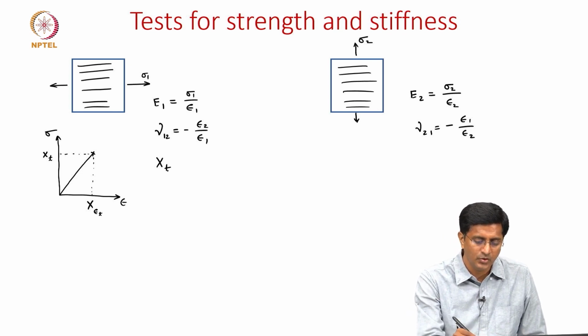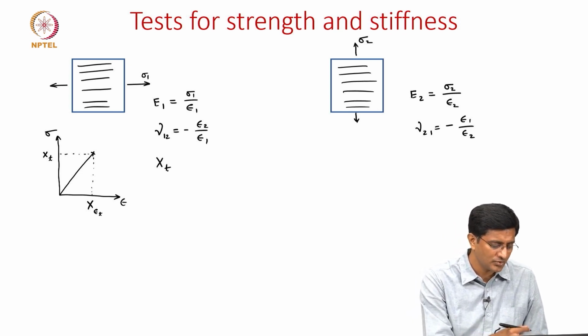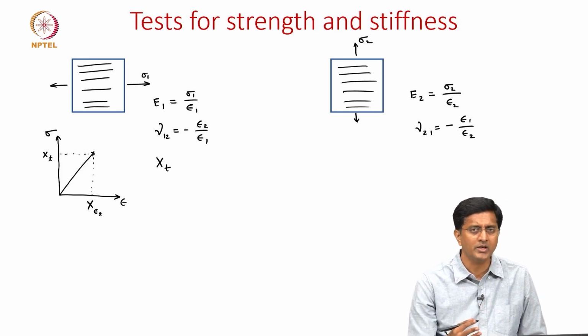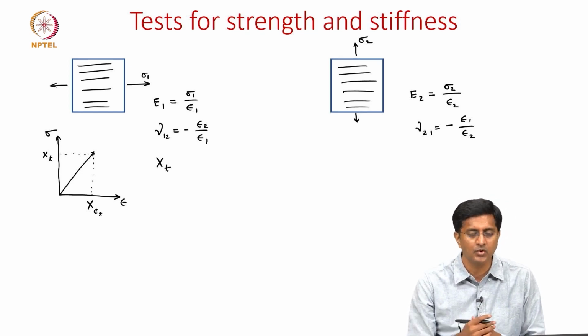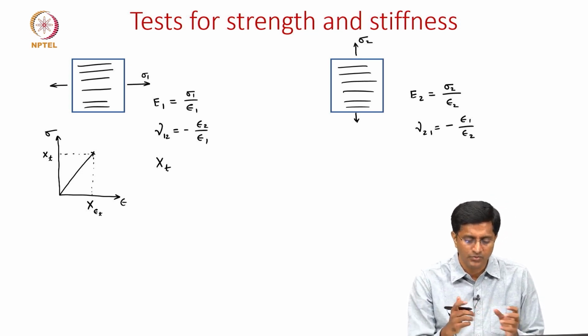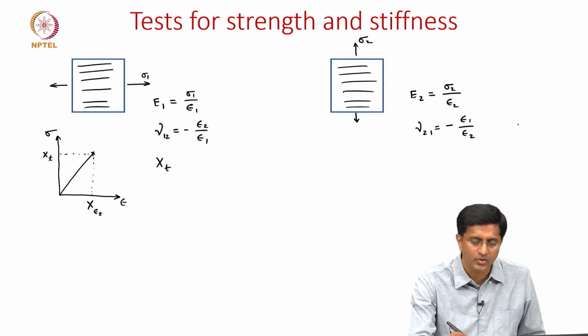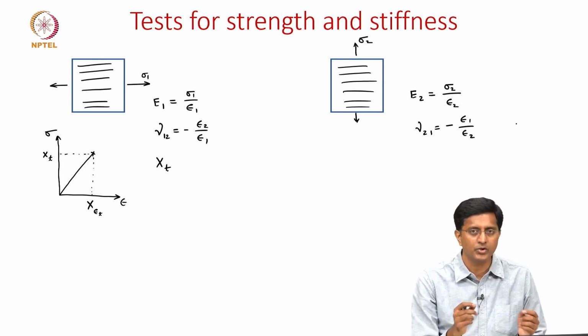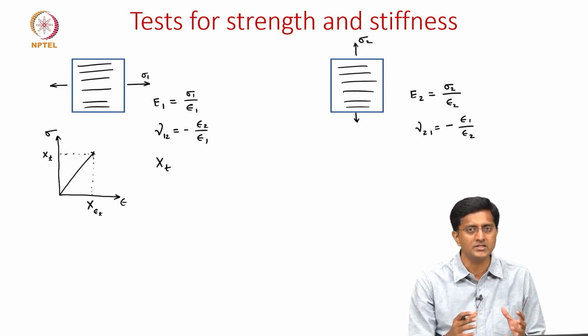Here you will see that nu21 is redundant because we already know the E1 value, E2 value and Poisson ratio nu12. But if we are doing an experiment, it is good to find this value, because if you relate the two Poisson ratios and it matches, it only confirms that the analysis we are doing is correct.